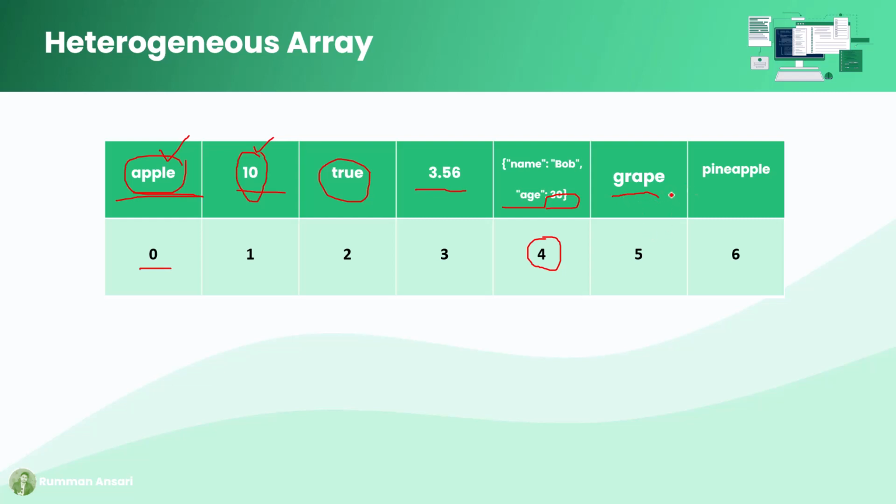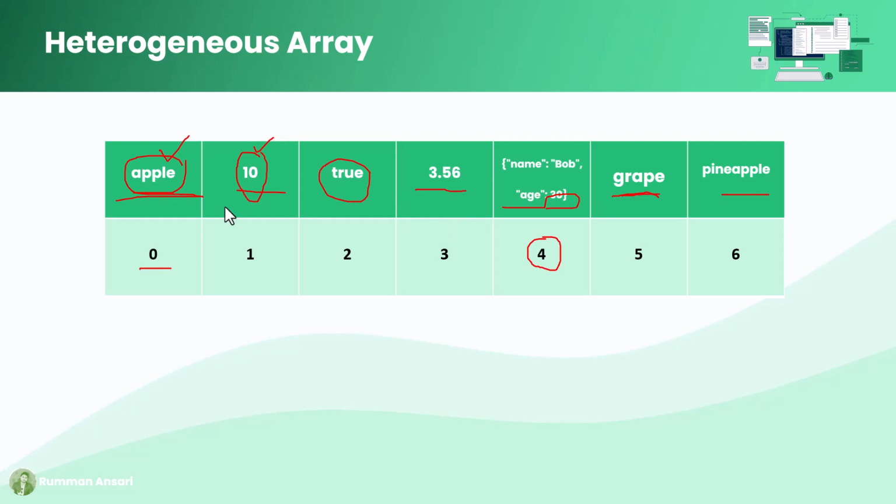As well, at the 5th index you can see that we are storing grape, and at the 6th index we are storing pineapple. So this is an example of a heterogeneous array, because all the data here is of different types stored inside the array. That's why it's a heterogeneous array.